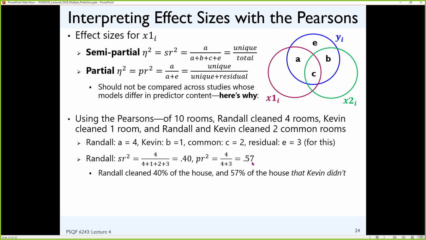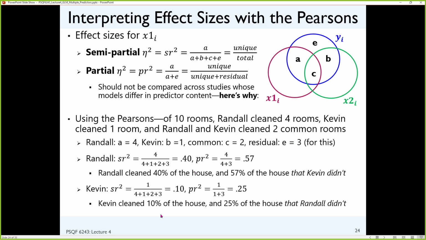It's 57. So the interpretation would be that Randall cleaned 57% of the house that Kevin didn't. So it's like setting aside what other people did and just focusing on how much of the remainder he's responsible for. So the more that you can set aside that other people did, the higher this number is going to get, but the semi-partial eta squared would stay the same because the denominator stays the same.